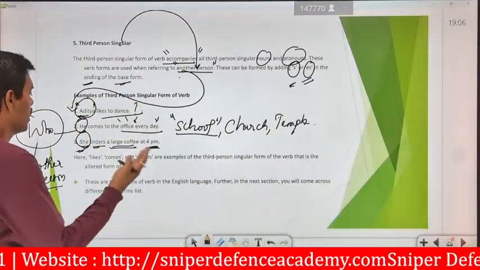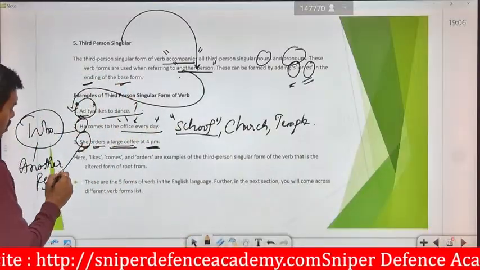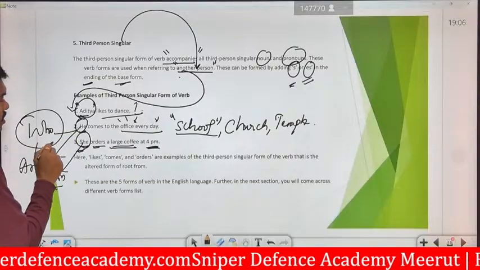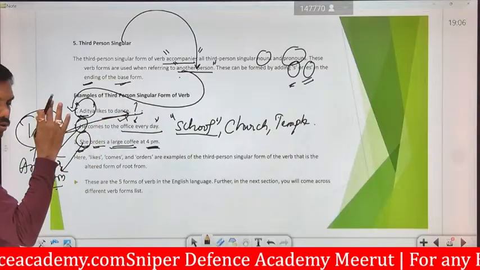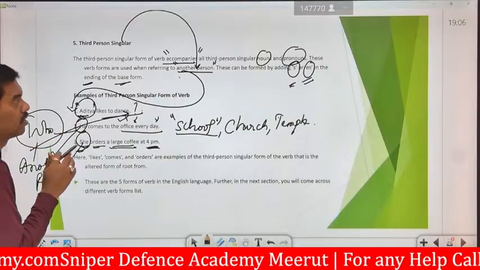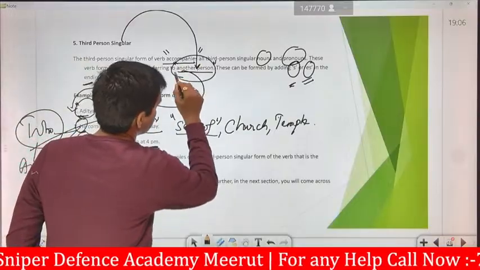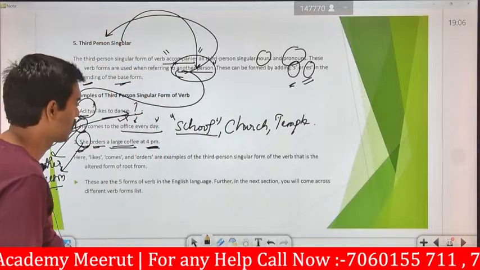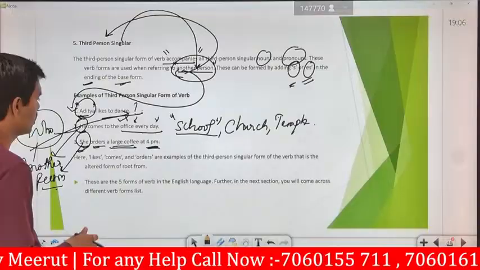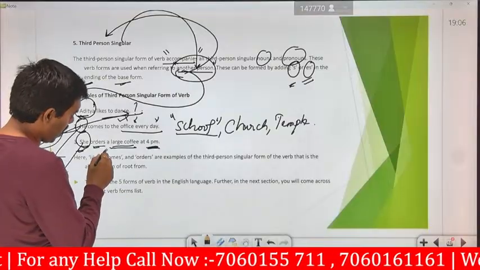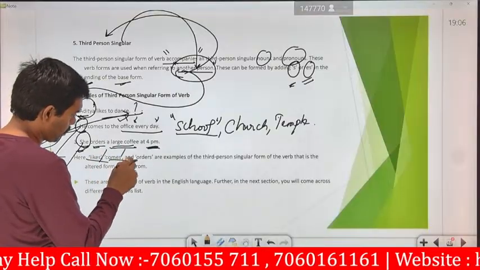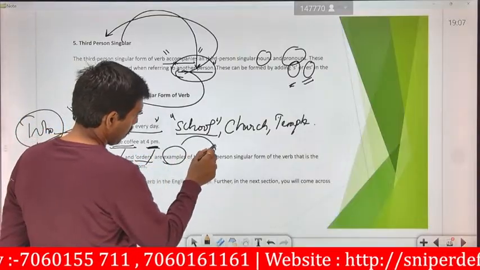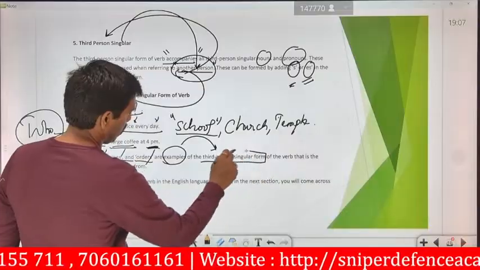So we are going to say about another person who orders a coffee, who is coming to the office, who is going to dance. We do not know who the person is. So if we are going to represent another person, then it is the third person singular. Third person means the opposite person. So likes, comes, orders are some examples of this third person singular form of verbs.